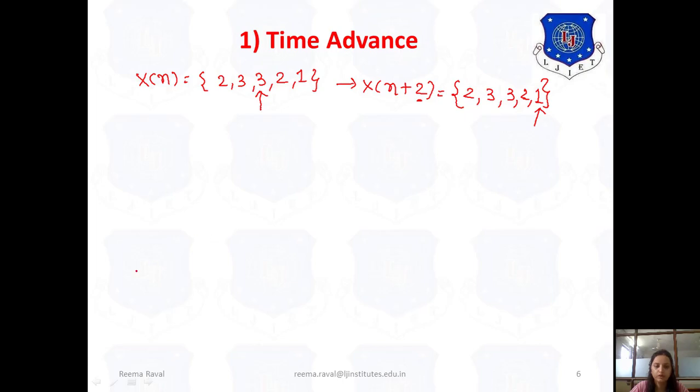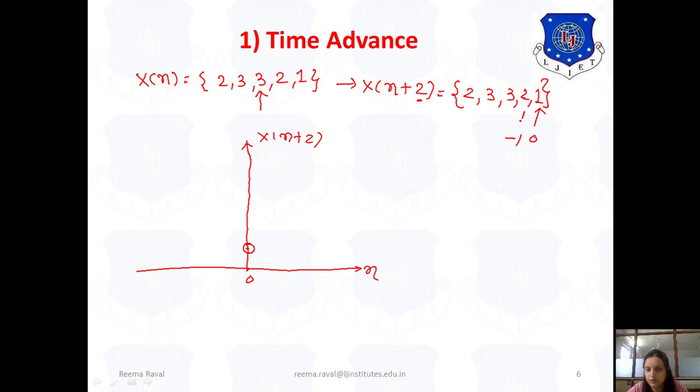So if I want to plot this x of n plus 2 advanced signal, how will it be? This is x of n plus 2 versus n, where at n equals 0 its value is 1, right? At minus 1 its value is 2, because here I am considering the values 1, 2, 3 likewise.